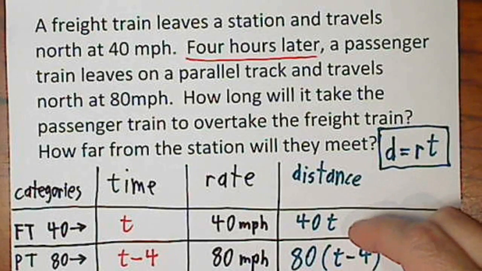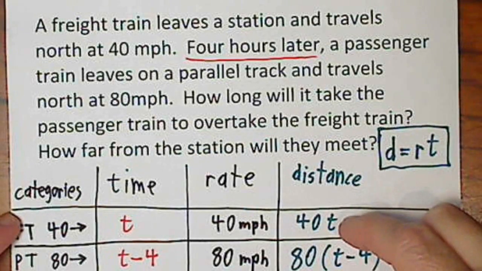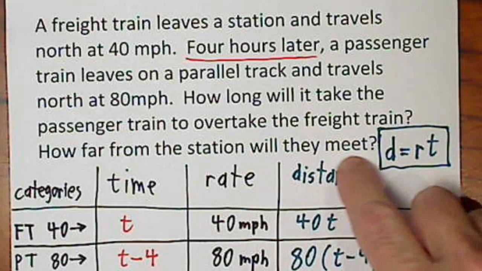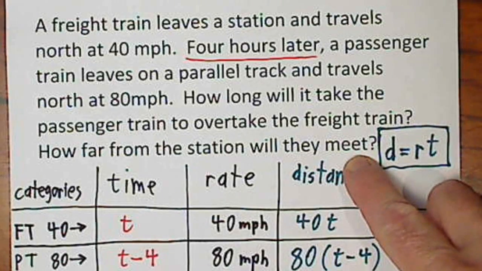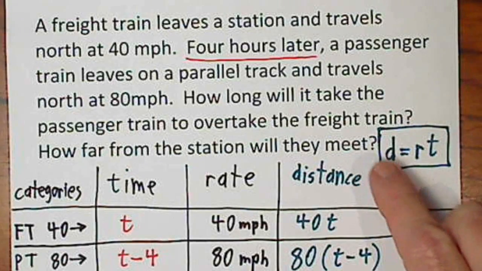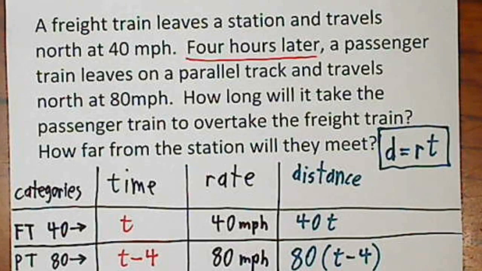I don't know the distance that the freight train travels, and I don't know the distance that the passenger train travels, but I know that when they meet, they will have traveled the same distance. It will have taken a different amount of time, but once they meet, obviously they've gone the same distance. That's an important concept here.